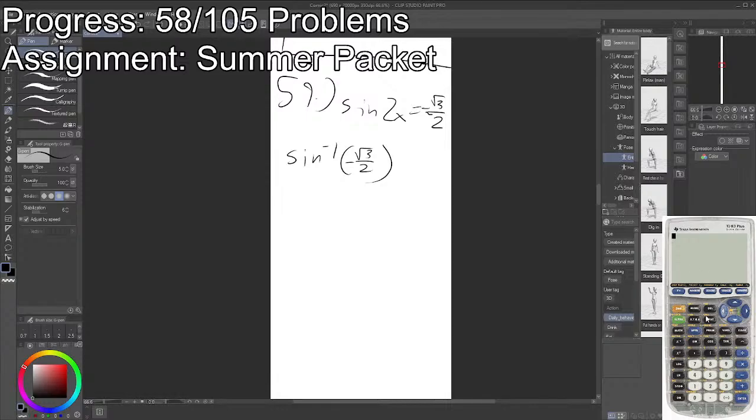Calculator. Okay, what is that in the unit circle? Let's see.